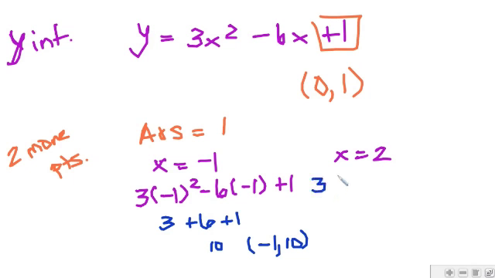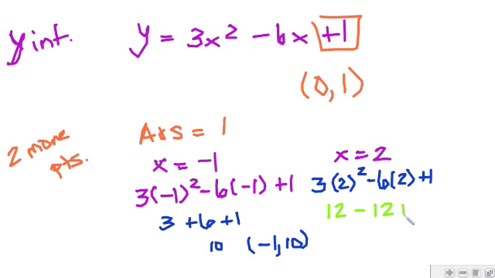We have 3 times 2 squared minus 6 times 2 plus 1. Let's go ahead and solve this one out. 2 times 2 is 4. 4 times 3 is 12. Okay, -6 times 2 is going to give me a -12.